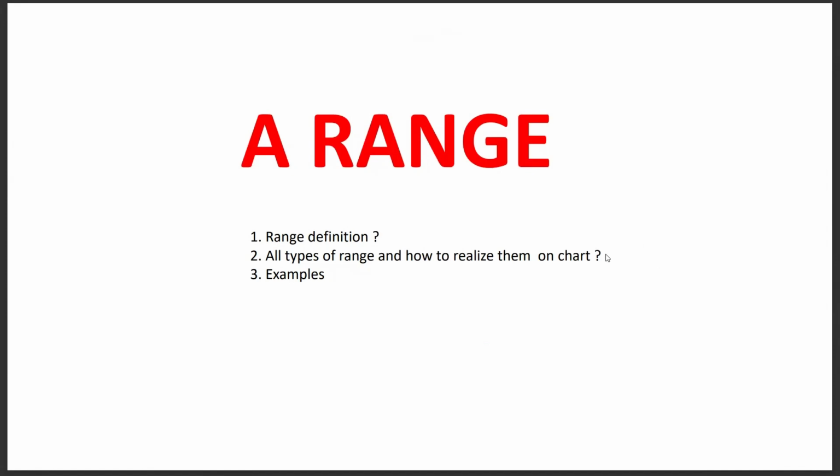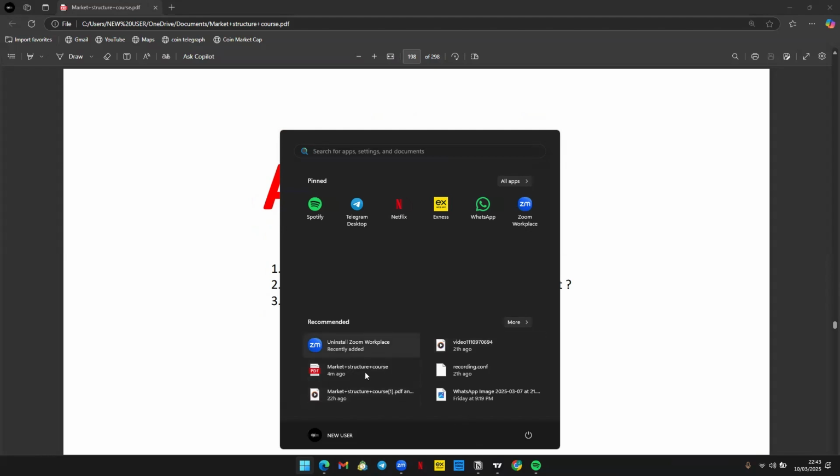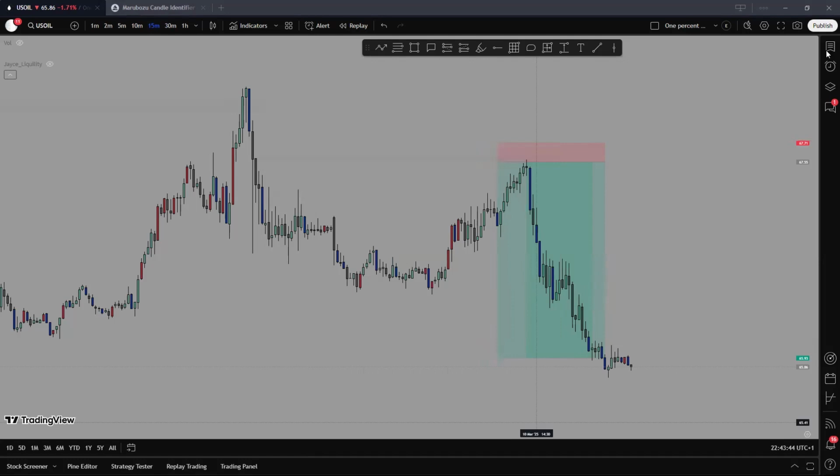Let me show you my screen. Let's go over to TradingView. I can show you what a range looks like in the live market.